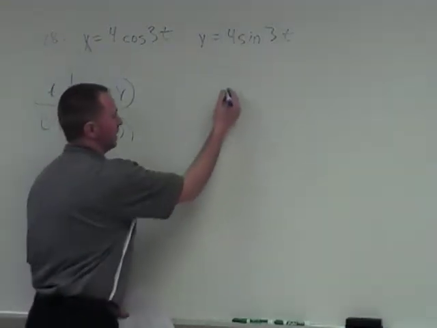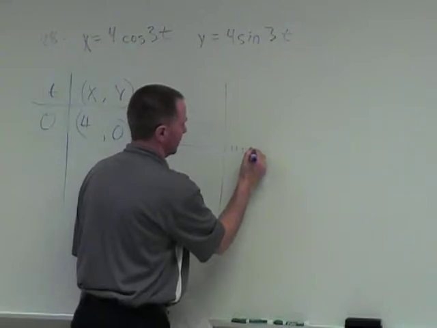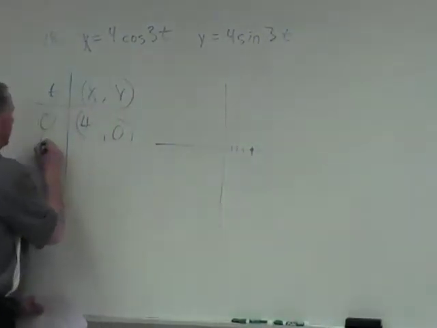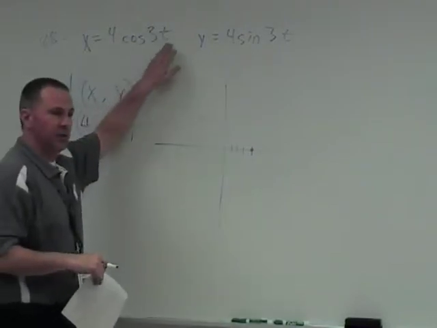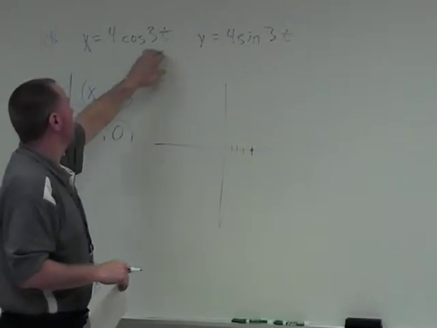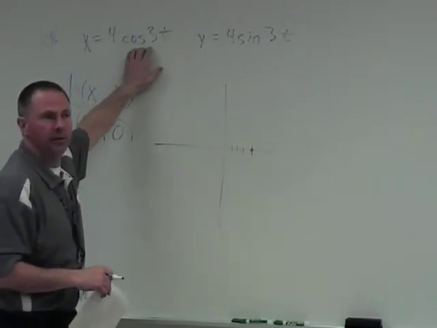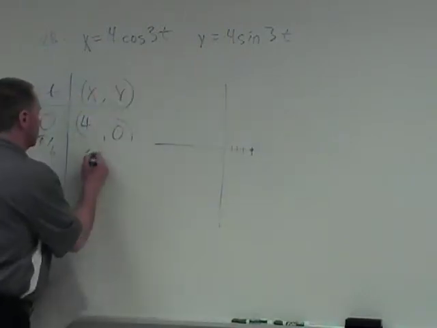So a good thing to do is just plot a point, or maybe 2 points, and see what happens. So let's go ahead and do pi over 6, that's 30 degrees. When t is 30 degrees, what's 3 times 30? 90. What is the x value at 90 degrees? 0 times 4 is 0.